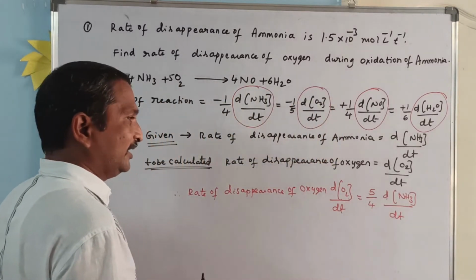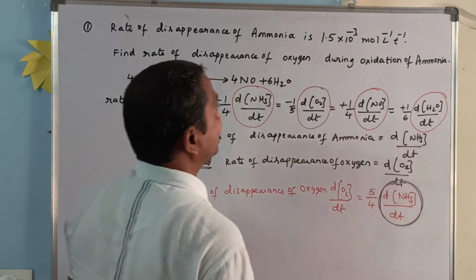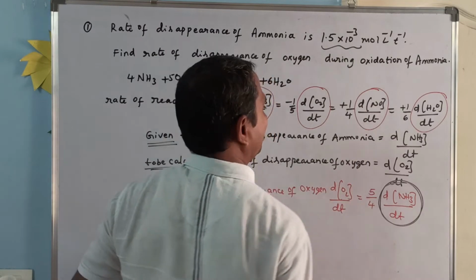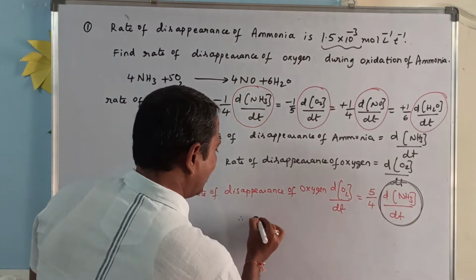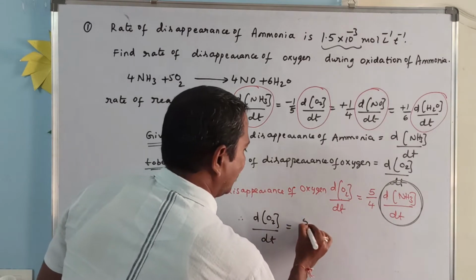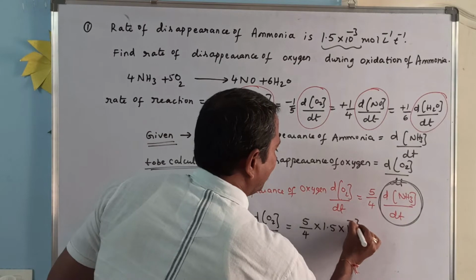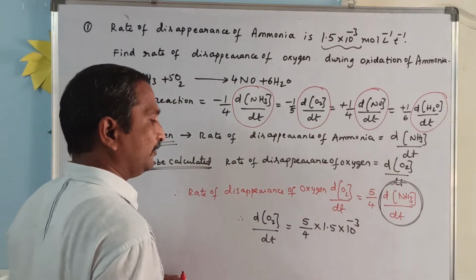This d of NH3 by dt is given. That value is 1.5 into 10 power minus 3. Therefore, d of O2 by dt is equal to 5 by 4 into 1.5 into 10 power minus 3. Clear all of you?